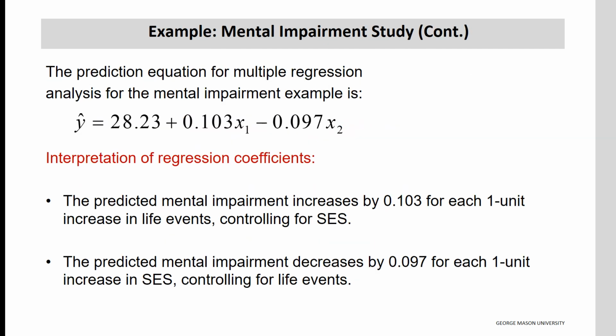Let's continue with the mental impairment study. Let's suppose that we conduct multiple linear regression, and the regression equation for mental impairment is as follows.